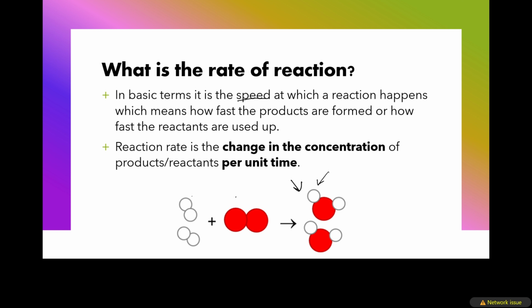But then when you are using your curriculum, how do you define the rate of reaction? The rate of reaction is the change in the concentration of products or reactants per unit time. Don't mind that those words which I have highlighted in bold, it means that those are keywords. You need to involve them in your definition.